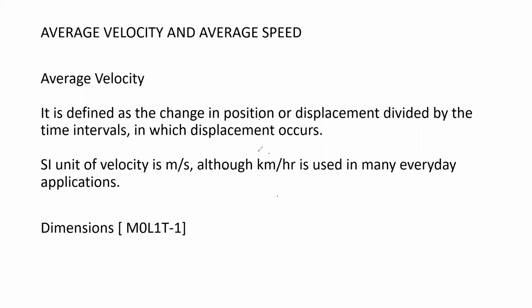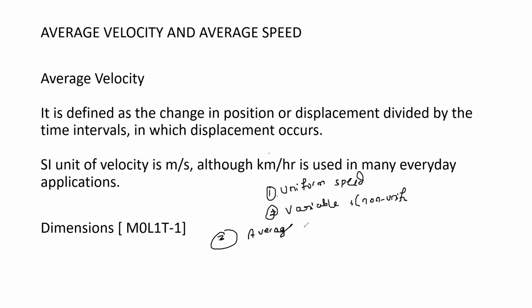First I'll tell you speed, then we will go for velocity. The first one is uniform speed. Then next we have variable speed, which we also call non-uniform. The third one is average speed. The fourth one is instantaneous speed.